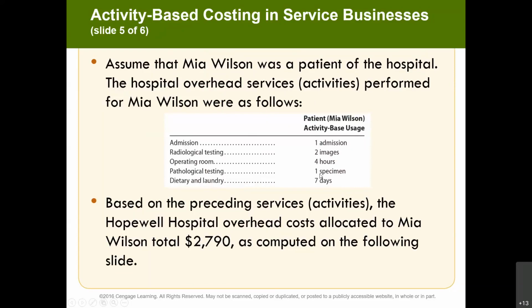We did 1 pathology test on the patient, and the patient spent 7 days in the hospital, consuming meals for 7 days and respective linen changes for 7 days. Based on the preceding services, the hospital overhead allocated to this patient was $2,790, and we computed it by doing the following.